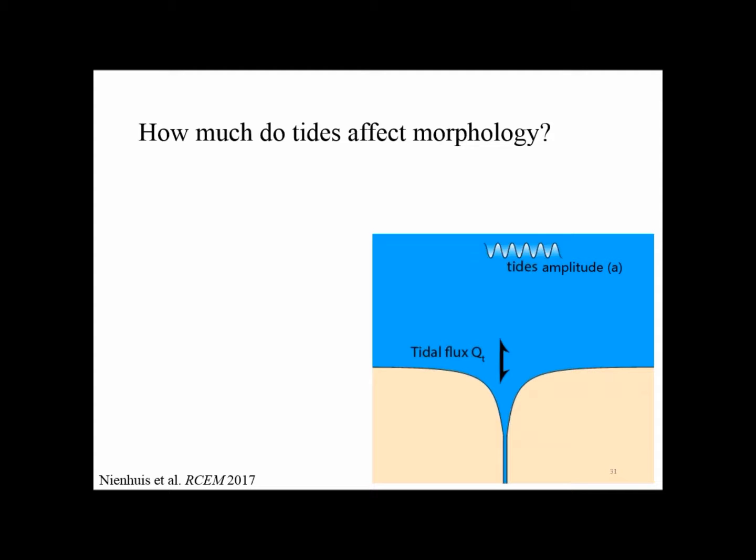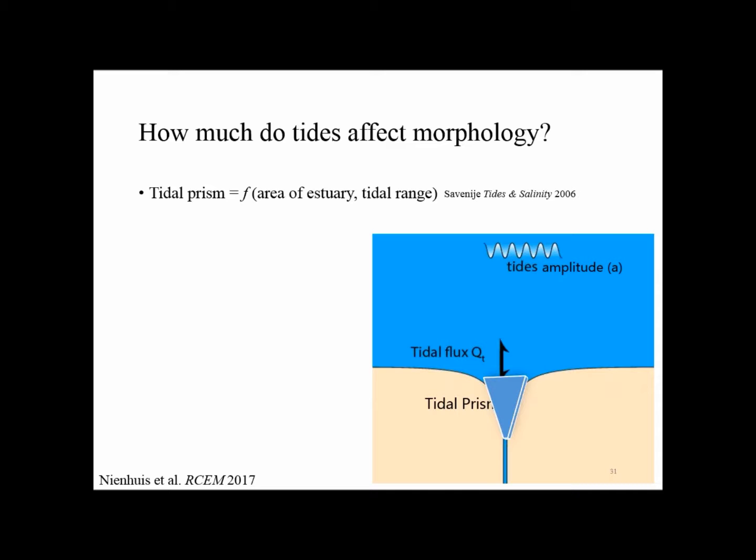So can we quantify that? Well, let's say we have some sort of tides with a tidal amplitude that moves a tidal discharge back and forth in and out of the river mouth. We make a very simple sketch. We can say the tidal prism, or the total volume of water going back and forth, is about equal to the area of this estuary times how much water goes up and down by the tides.